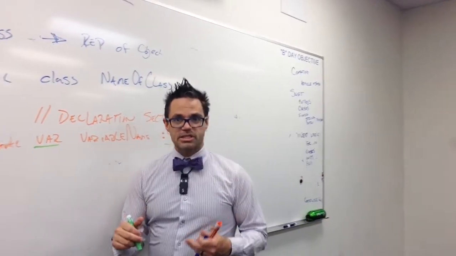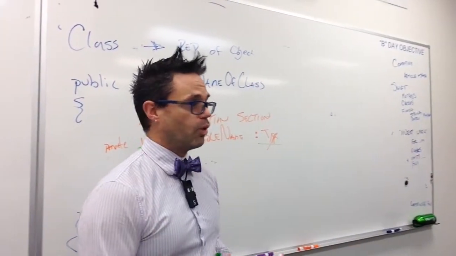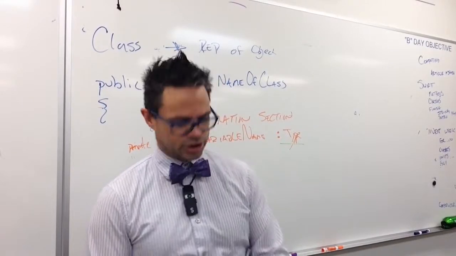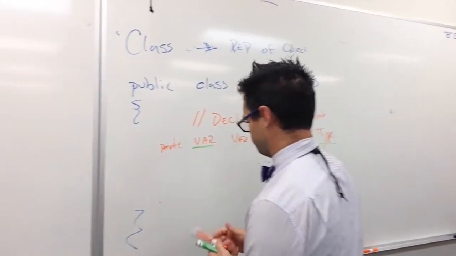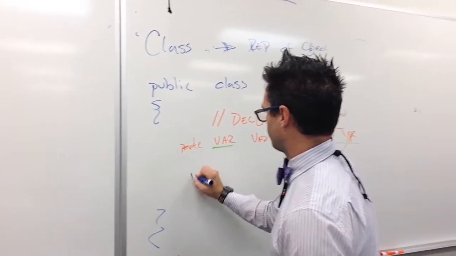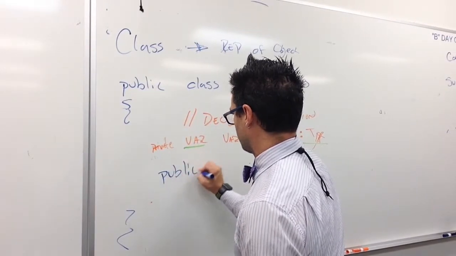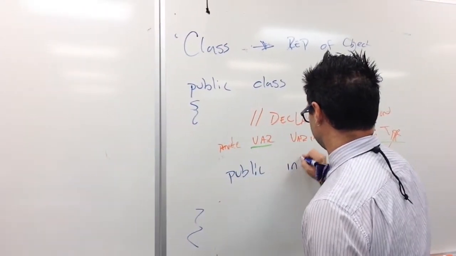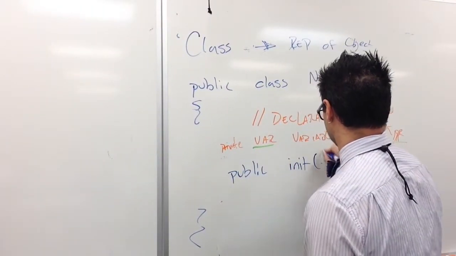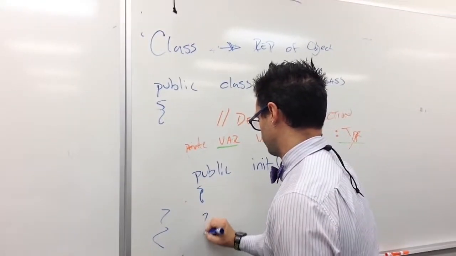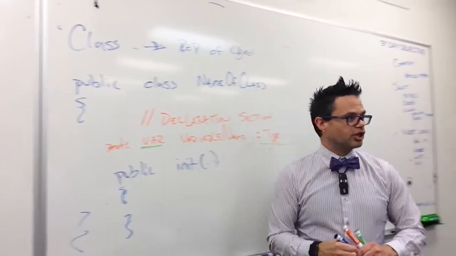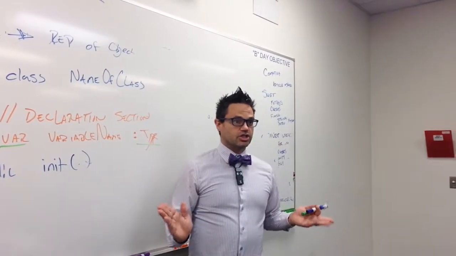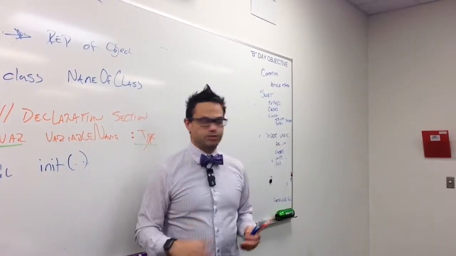Now, where we start seeing some actual differences in the way Swift works is the next section, which is the init. In Java, we have the constructor, which is used to actually build the object.